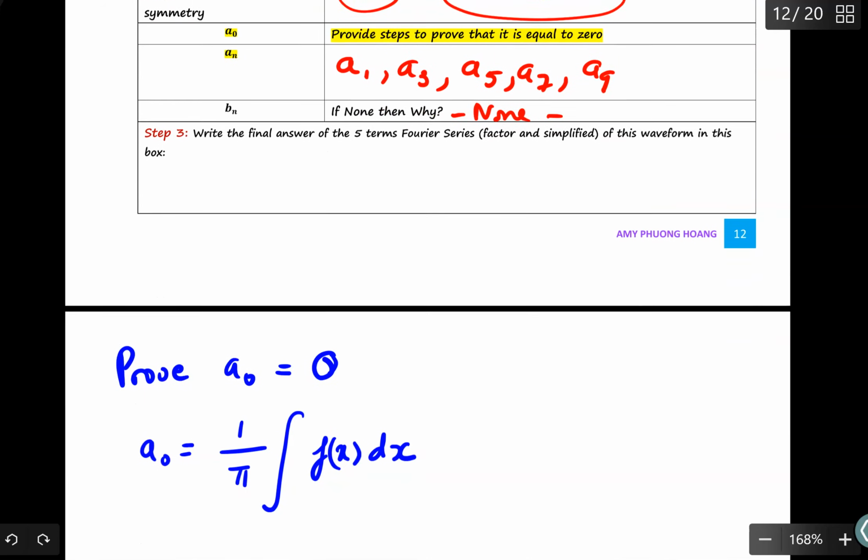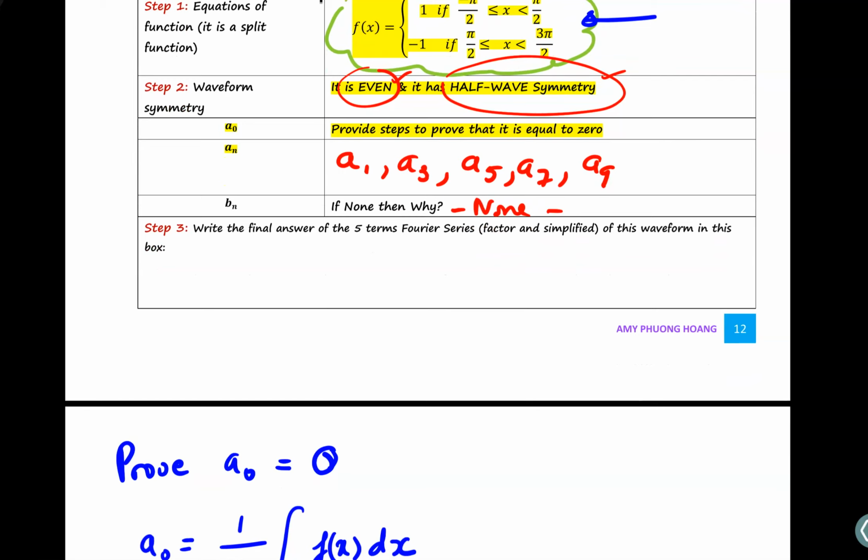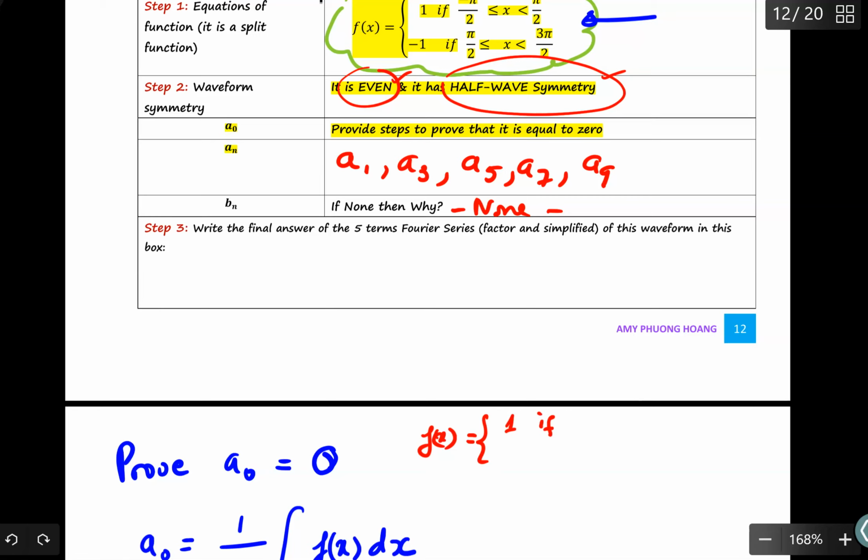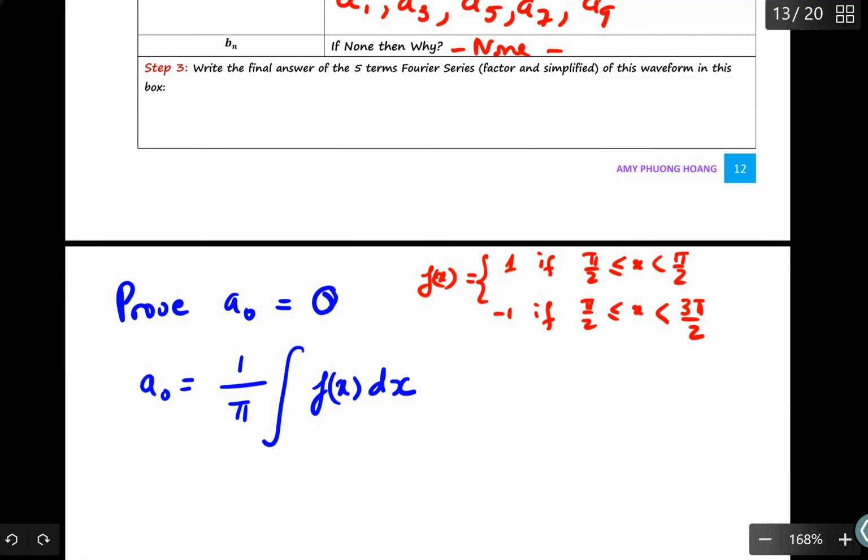So let's write that down as a reminder of what we are working with. f(x) equal to 1 if negative pi over 2 is less than or equal to x less than pi over 2, and equal to minus 1 if pi over 2 is less than or equal to x less than 3 pi over 2. I need to put negative pi over 2 to pi over 2.